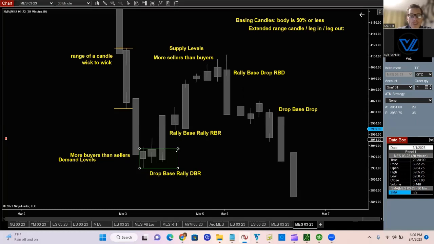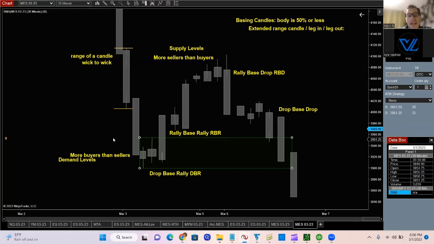This is a zone. This is also a zone. And this is a zone. If you want to take the lowest body of the basing candles, you can say that's your zone. I personally, after a lot of time doing this, take the whole base from wick to wick.